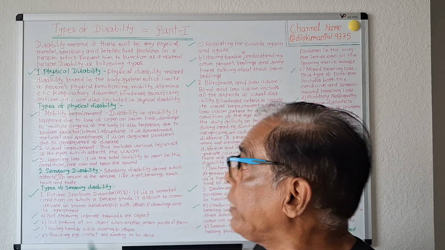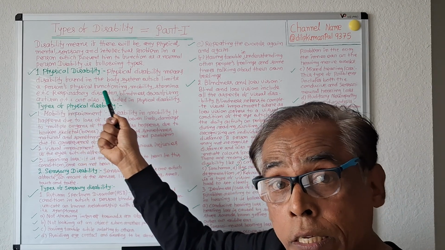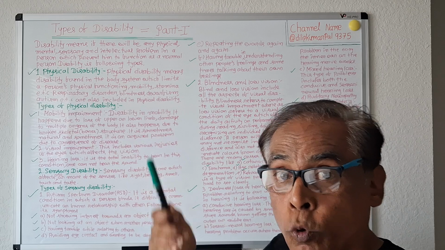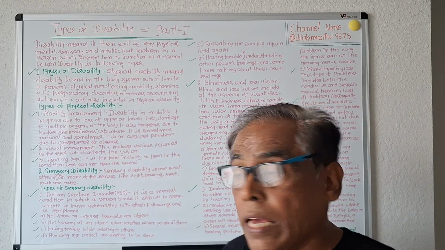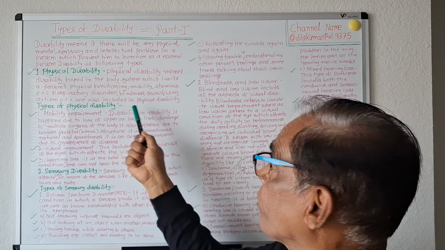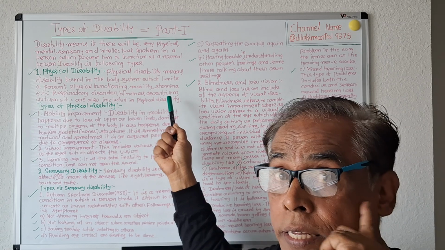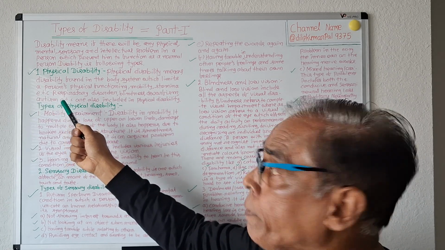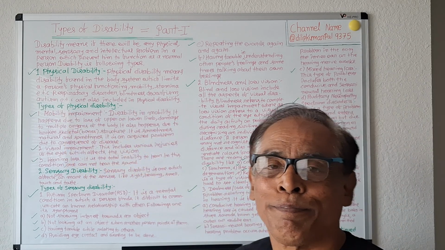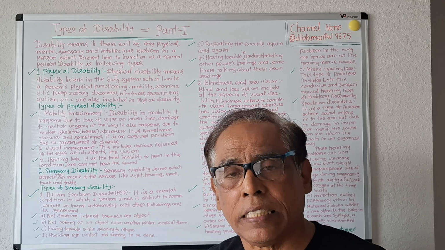In physical disability, respiratory disorder means a problem in inhaling and exhaling air, and blindness, dwarfism, problem in the ear, and autism, a problem in the brain, are also included. So we are clear about the meaning of physical disability.